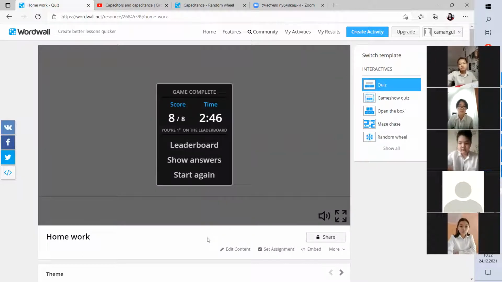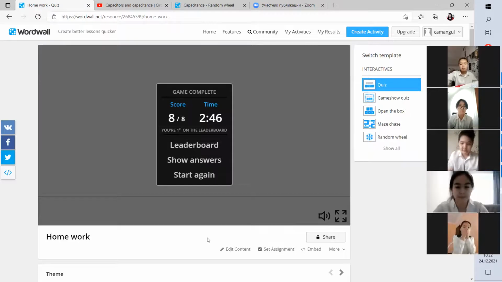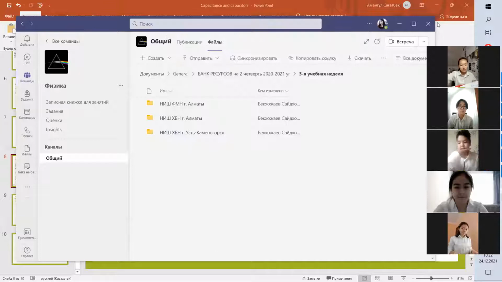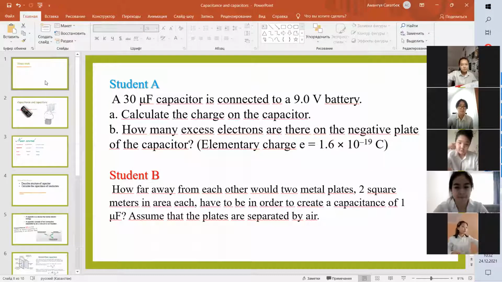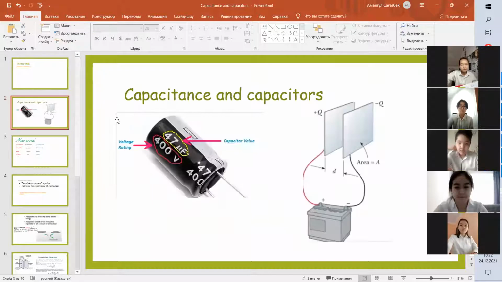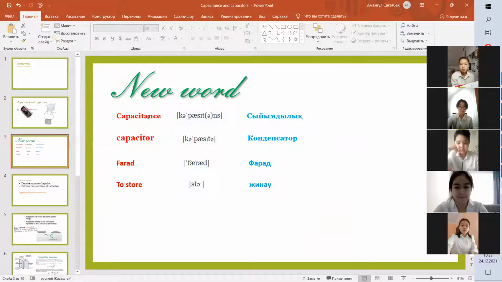Now, let's start our new lesson. Today, you will study about capacitance and the capacitor. This is today's new word.